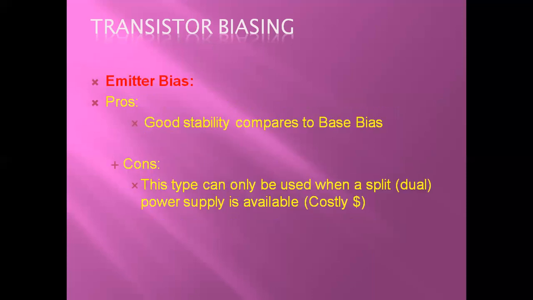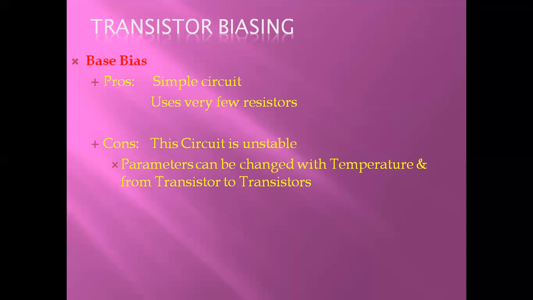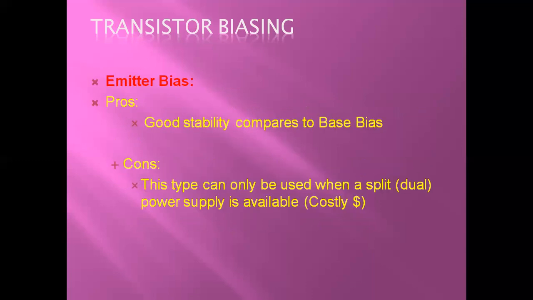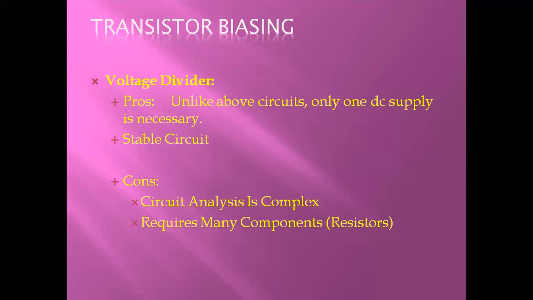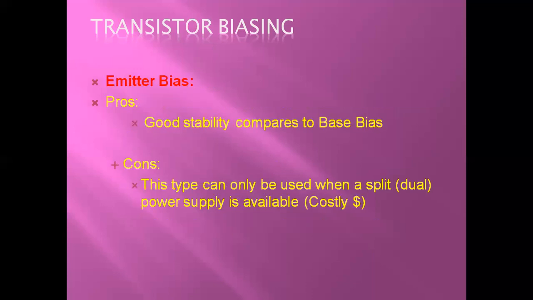Collector bias. So among these, base bias is simple to operate but unstable in construction and varies with temperature. Emitter bias can be used when splitting a dual power supply, where the supply needs to be split or shared between two different resistors, and it has good stability compared to the base bias.